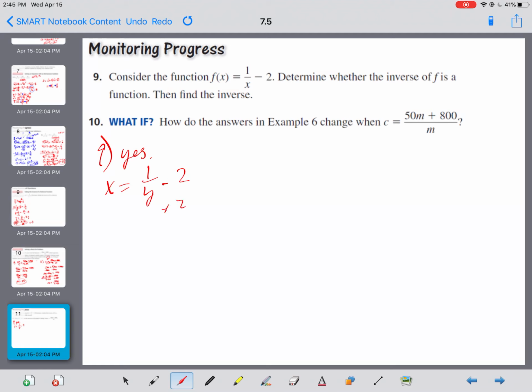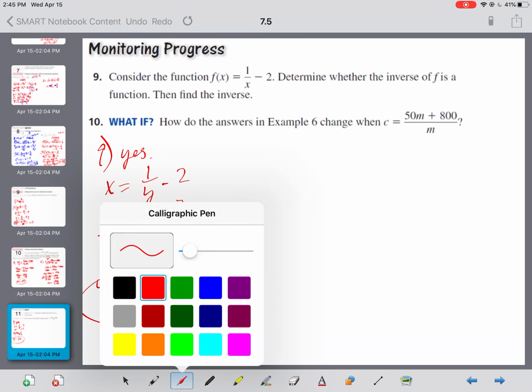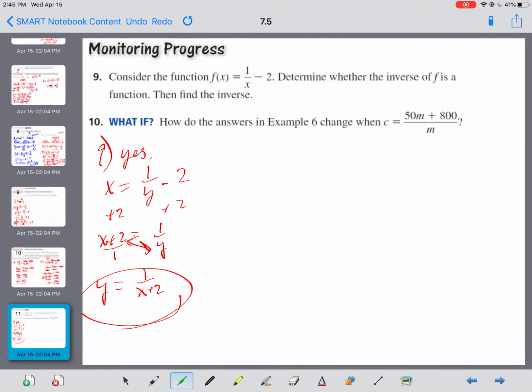So we've got to say x equals 1 over y minus 2. And we have to get the y by itself. So we're going to add 2. x plus 2 equals 1 over y. And then we can use that proportion rule and just switch diagonally one direction. So y equals 1 over x plus 2. There's our inverse.